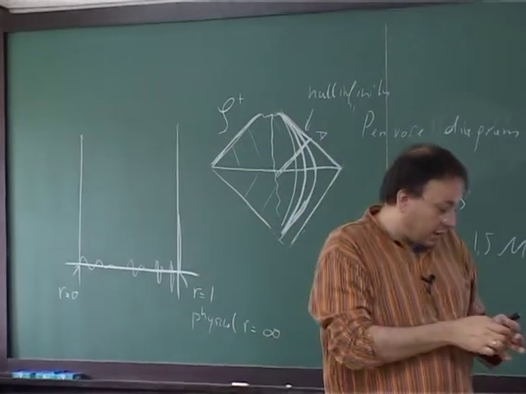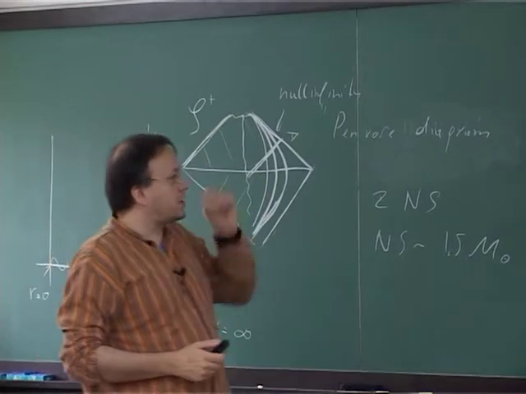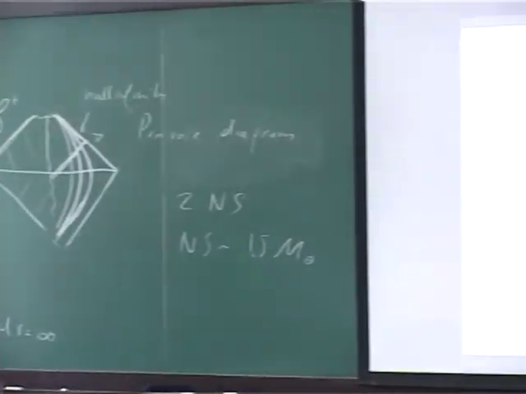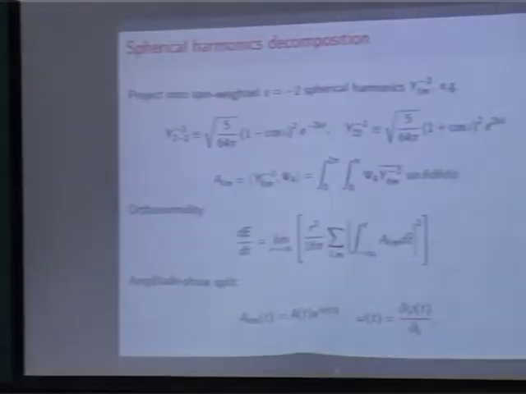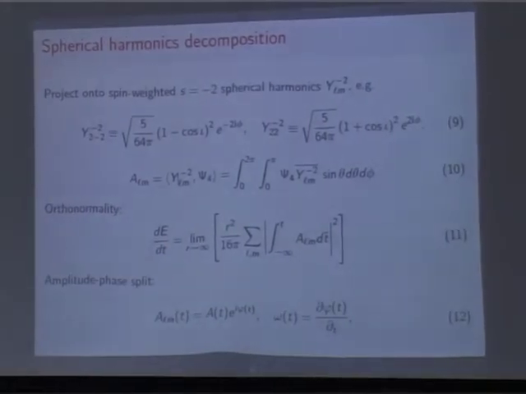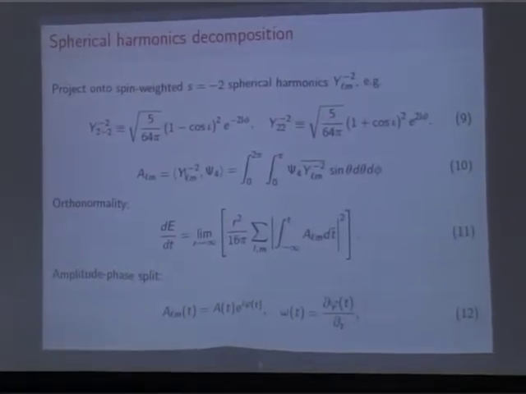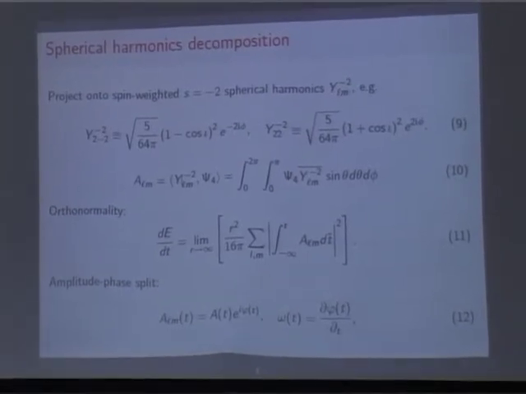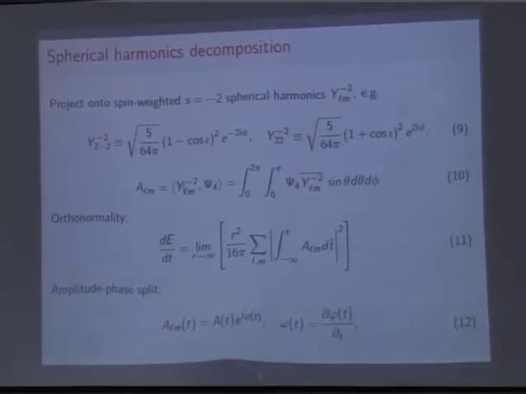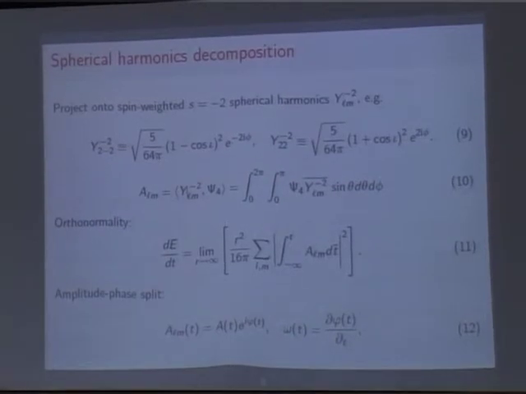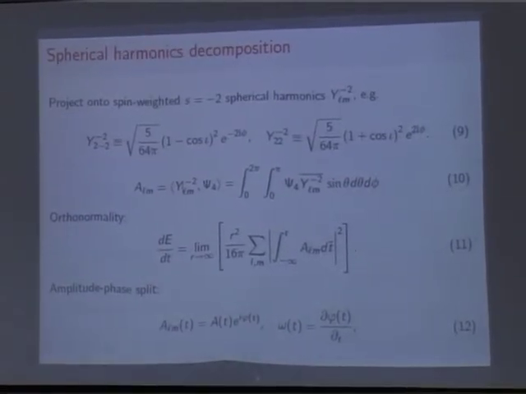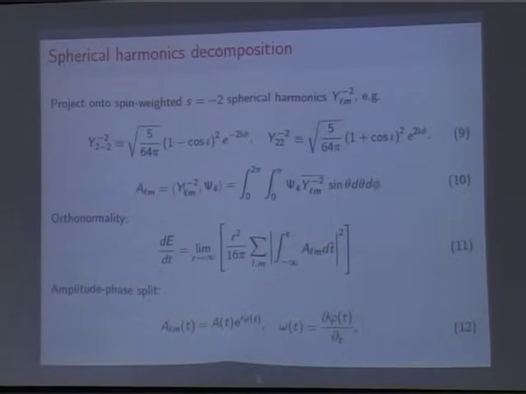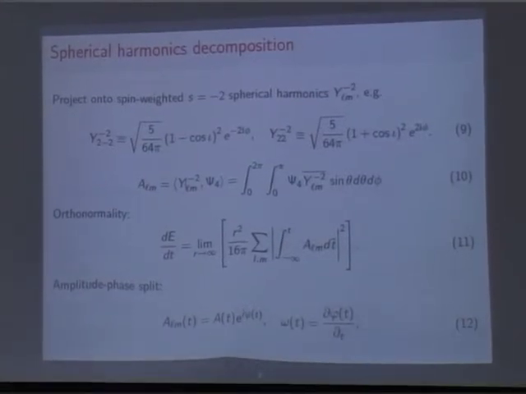All right, another thing to mention, but where one can skip the details, is that as with electromagnetic radiation, it's convenient to decompose waves into spherical harmonics. Because gravitational waves are variations in the metric and not in a vector field like the electric or the magnetic field, these spherical harmonics are defined a little bit differently.